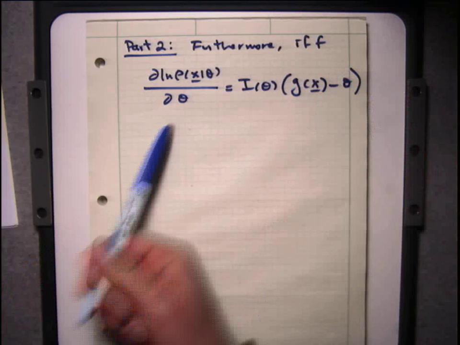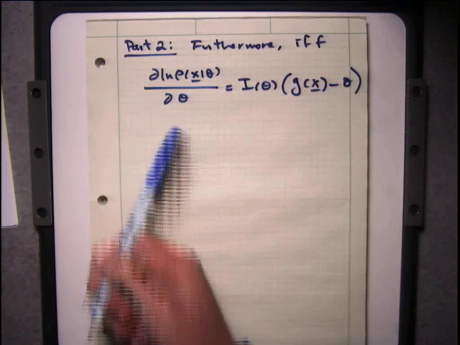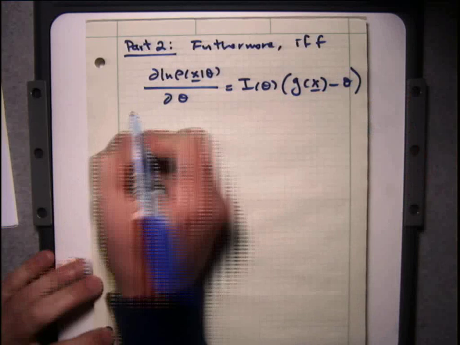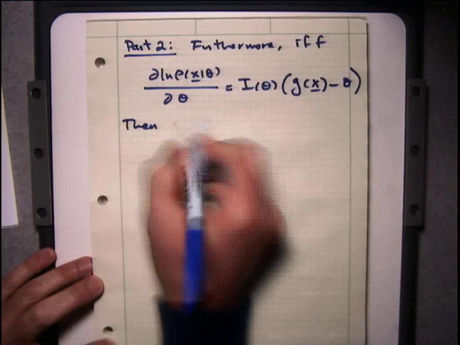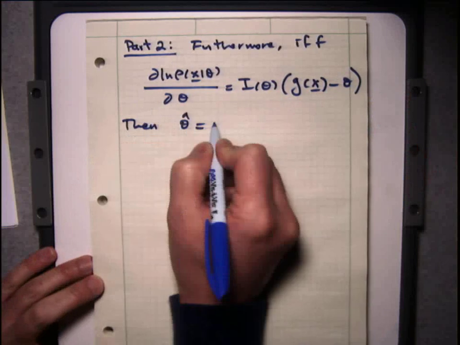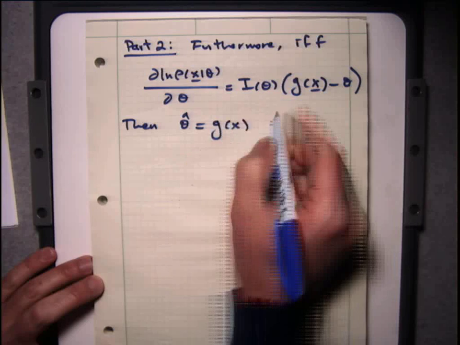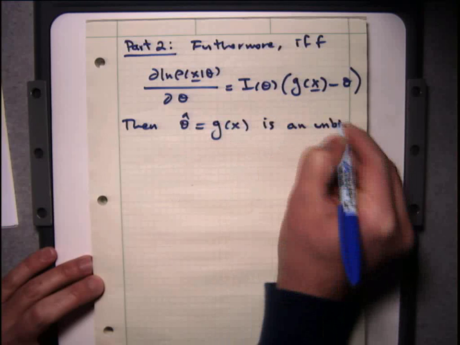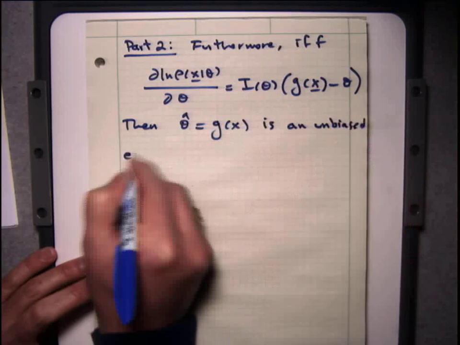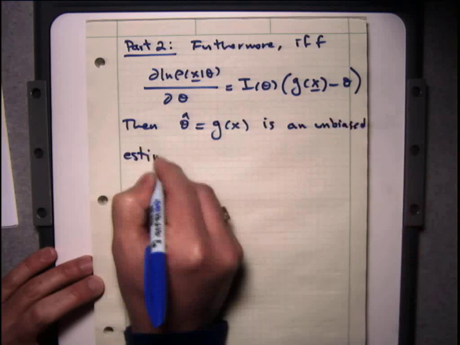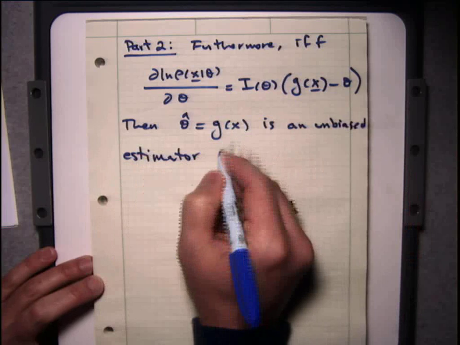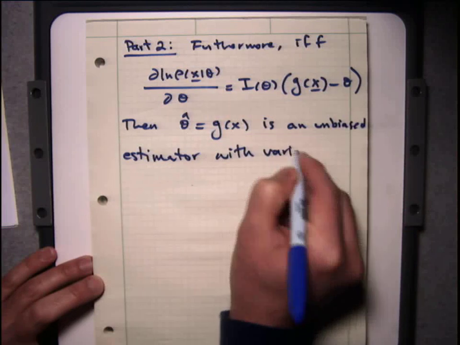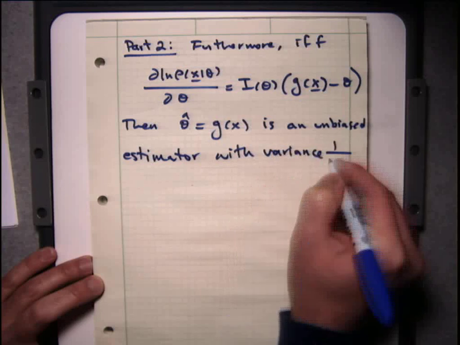If the derivative of the log likelihood, the score function, can be written like this, then theta hat equals g of x is an unbiased estimator with variance 1 over I of theta.